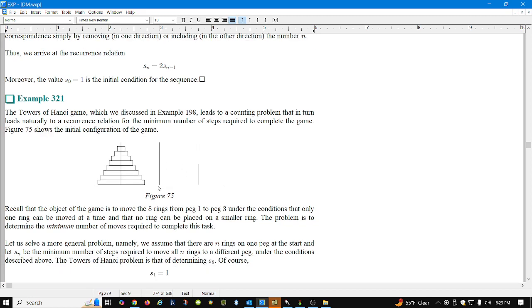And the game has 8 rings, and you have to move them from peg 1 to peg 3 under the conditions that only 1 ring can be moved at a time, and you can't put a larger ring on top of a smaller ring. And as I say, the problem is to determine the minimum number of moves required to complete the task.